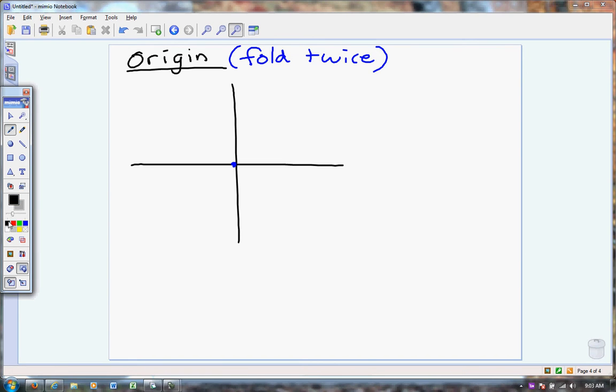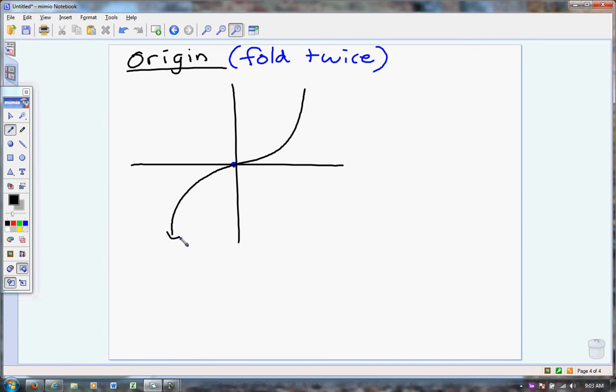Let me give you an example. One of the family members we're going to learn about this year is the cubic. That's a graph of a cubic function. If I folded this twice, first across the y-axis, you can see that this thing would go like that.